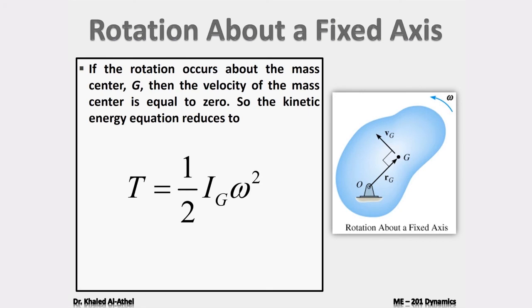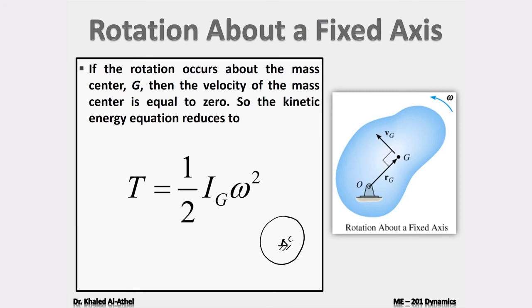Now, there are cases where the rotation occurs about a mass center G. So the center of mass G is the same as the center of rotation. For example, I could have a disk that is fixed at its own center.